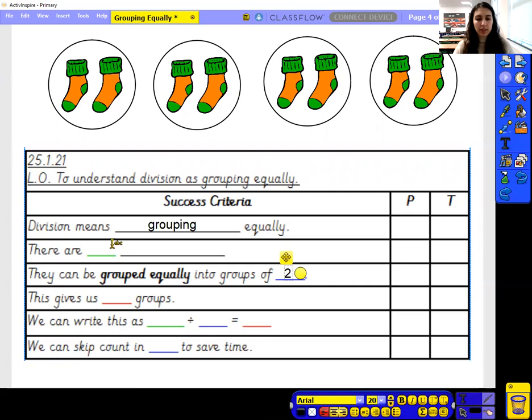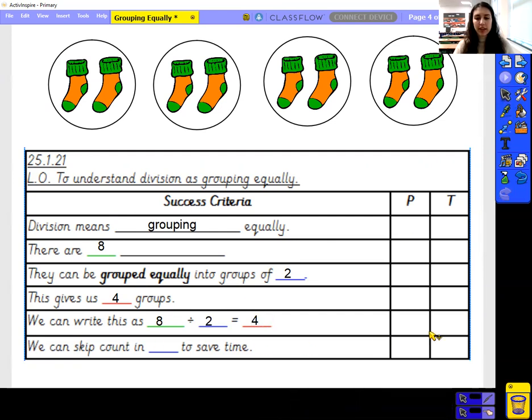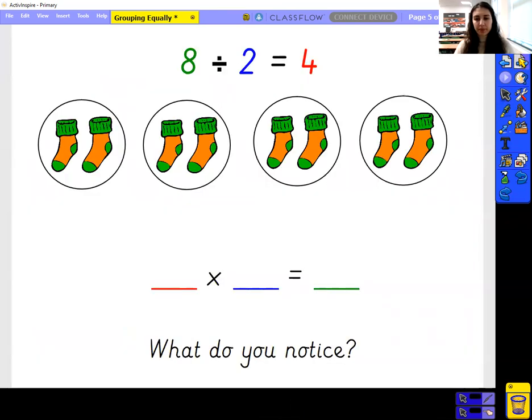And this gives us 4 groups. So then we would say 8 divided into groups of 2 equals 4 groups. Okay, and we're just going to leave that for the time being.